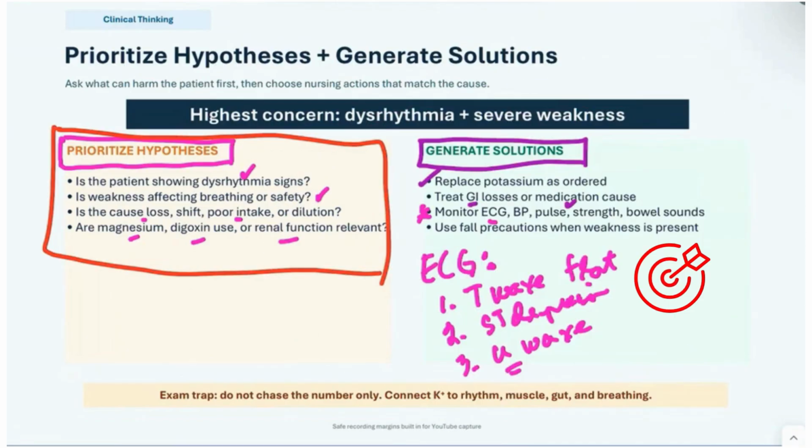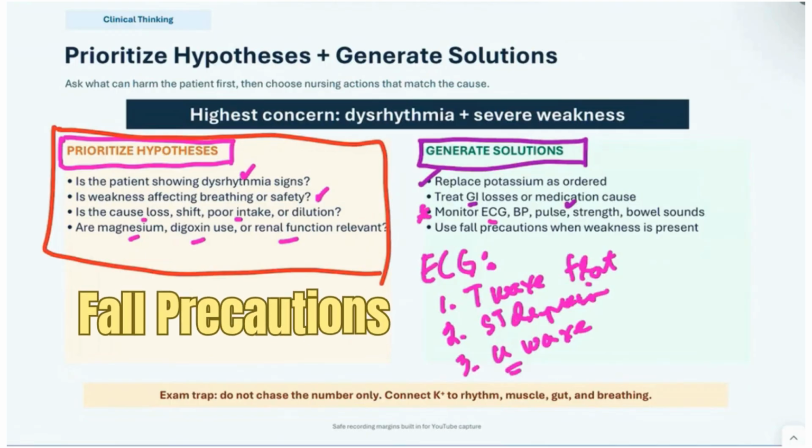Another thing to remember: because hypokalemia can significantly affect muscle weakness, use fall precautions. This is very important. Again, this is a priority. Use fall precautions when weakness is present. So think of your plan in two parts.